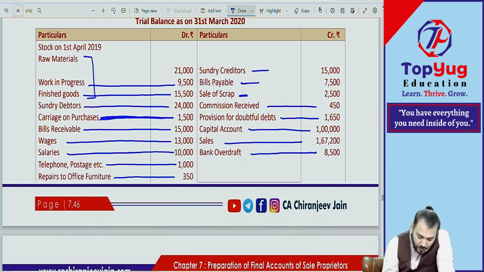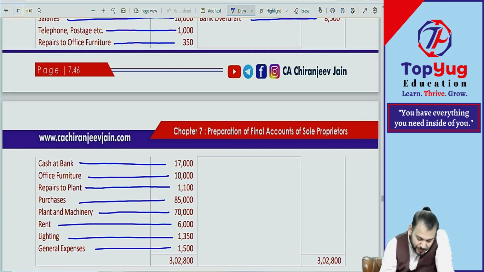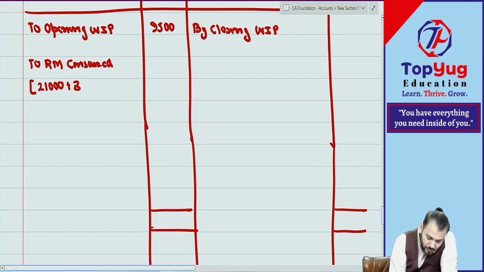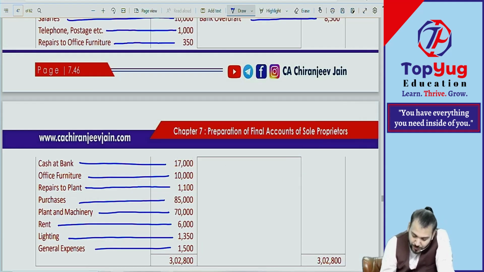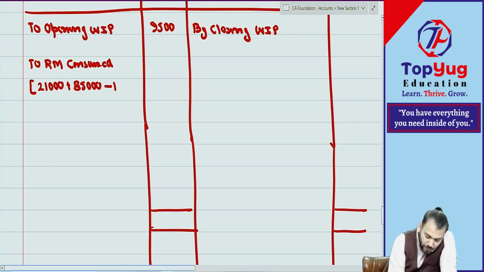Plus how much purchase is given? 85,000. How much closing stock is given? 16,200.